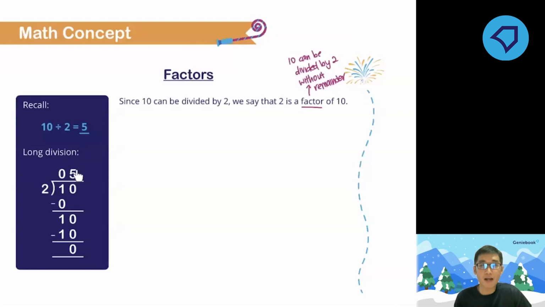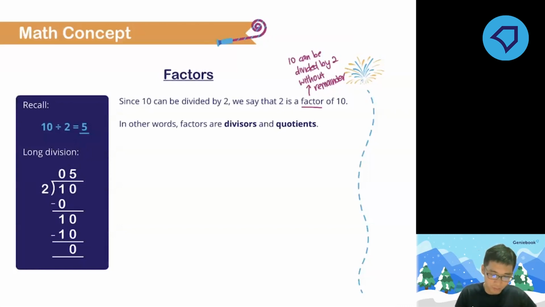So 2 and 5 being factors of 10, we can therefore say that the factors are the divisors as well as the quotients. Okay, let me repeat. The factors are your divisors and your quotients. What are divisors? What are quotients? Okay, just a refresher again. This number 2, which you divide 10 by, is your divisor.